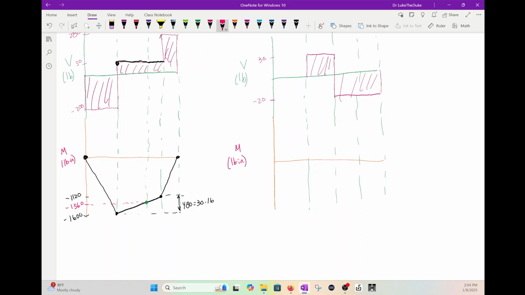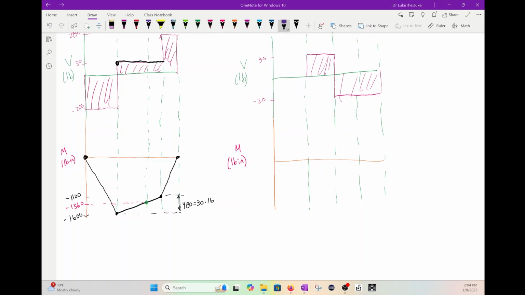That's the moment at D. Okay. I believe we're going to use that to check some stuff. And again, you can just figure out that's 30 times whatever distance and then just add it to 1600. There's our moment diagram.